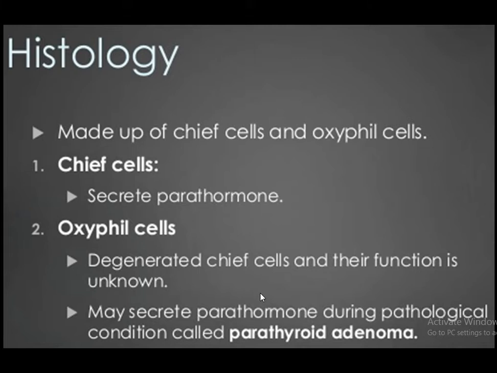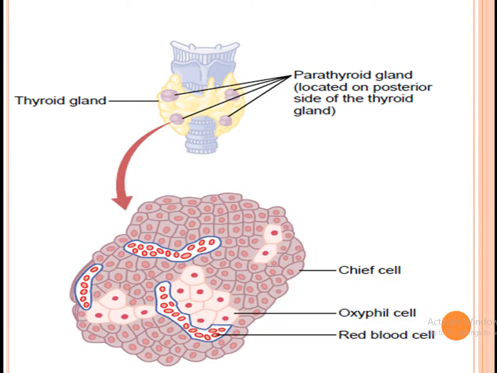They become more active during abnormal disease conditions, maybe in parathyroid adenoma. This is the picture through which you can clearly differentiate between these two types of cells: the chief cells most abundant, while the oxyphil cells are actually degenerated chief cells.